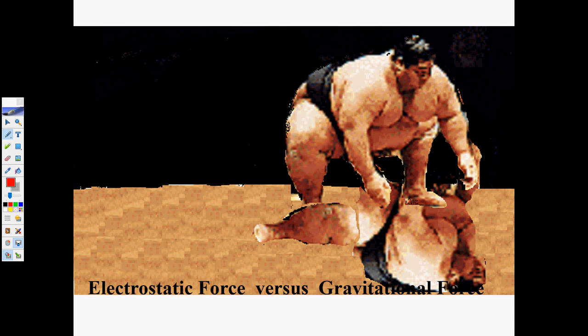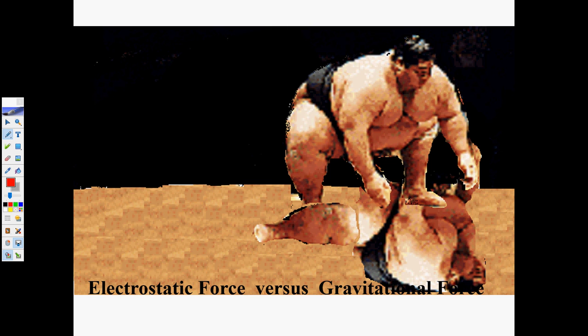Get demolished. Now, Sonny, I understand what you're saying. If you have two neutral objects, the electrostatic force is going to be 0, and you could have a tremendous amount of mass, so the gravitational force would be greater. So you actually make a valid point here. But what we're going to do in the near future is place a proton next to an electron.